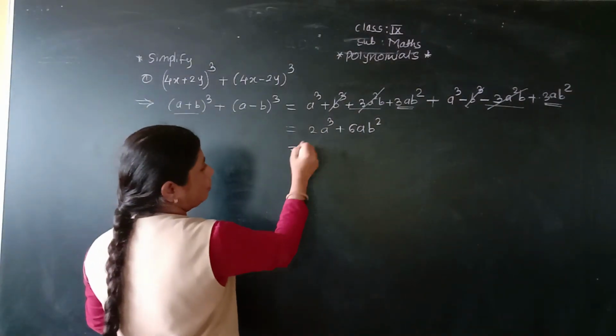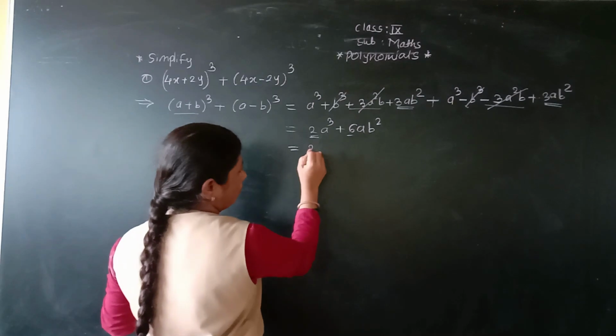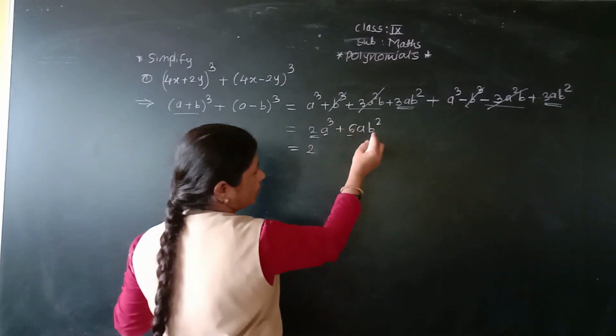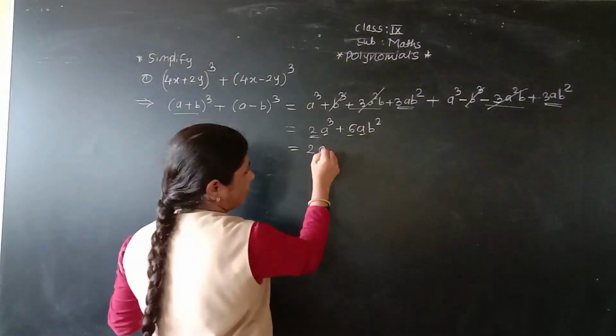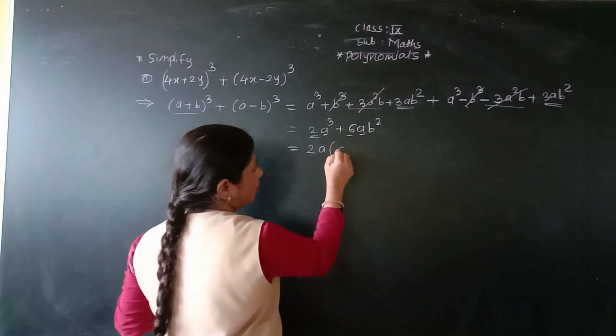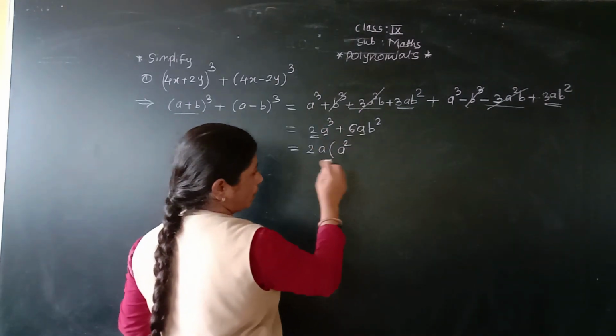Now here again we will see what is common. 2 is common. Then a^3 is here and here a, so a is common. So what is remaining here? a^2. Okay.